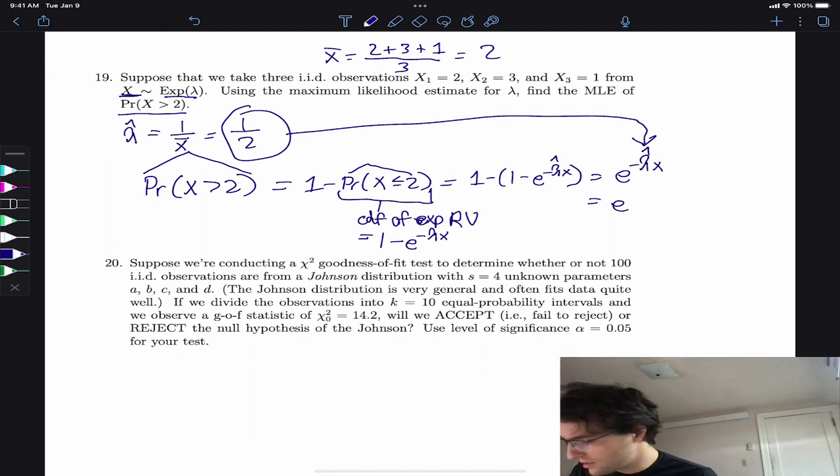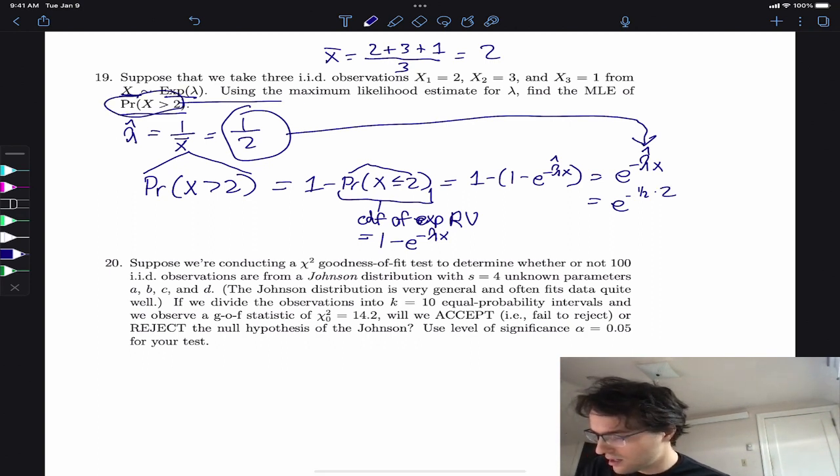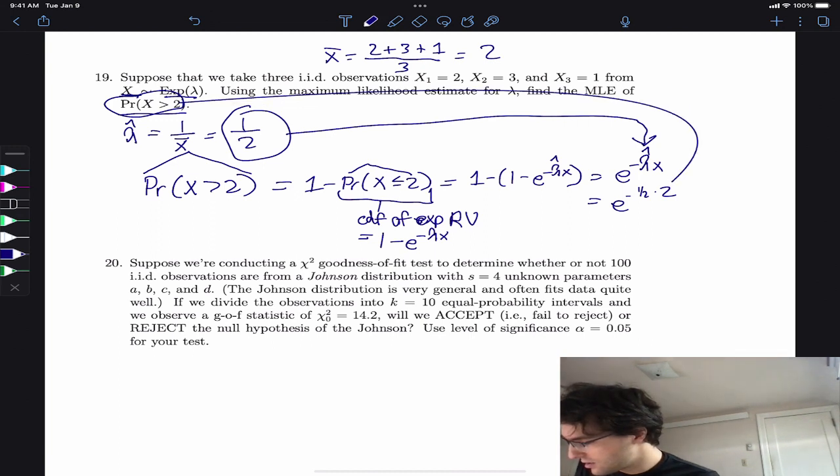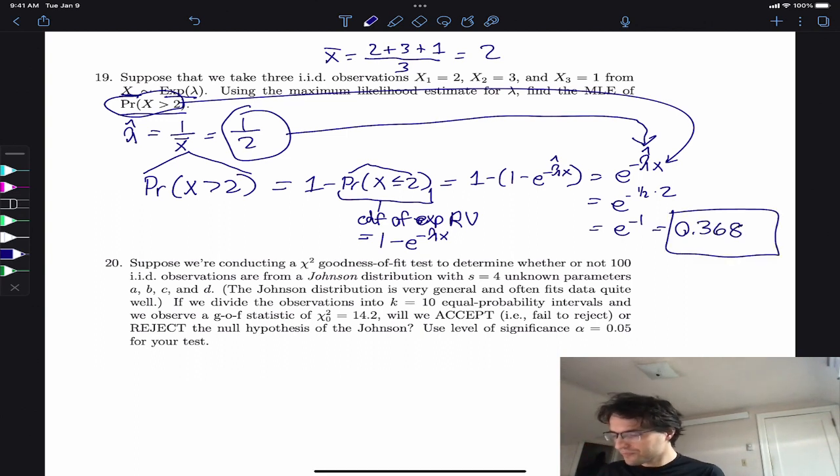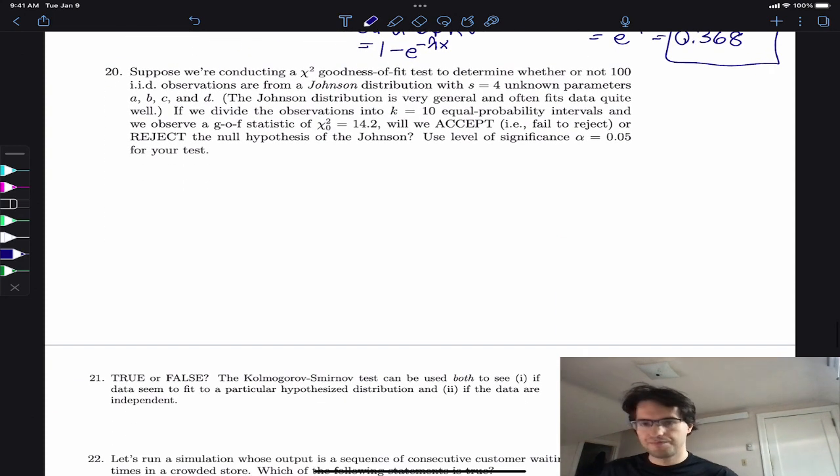So we have e to the minus 1/2, and x in this case was 2. That's coming from here. So that's equal to e to the minus 1. And if you do that math, it's 0.368. Right? Cool. Next question.